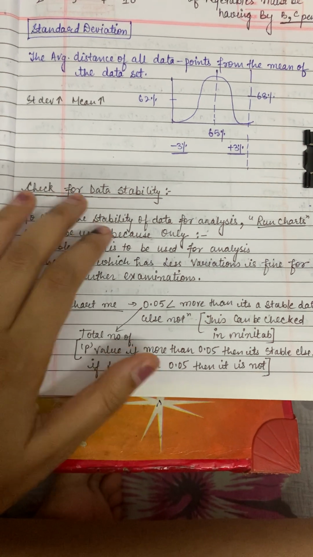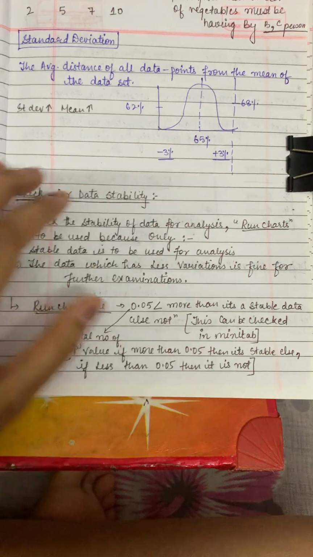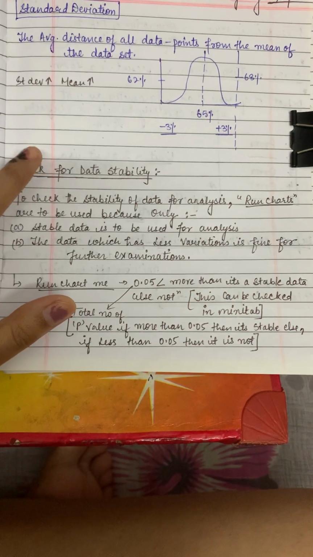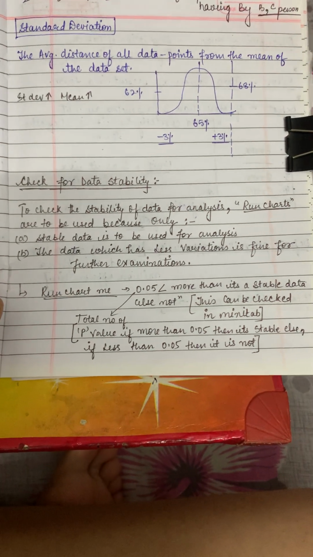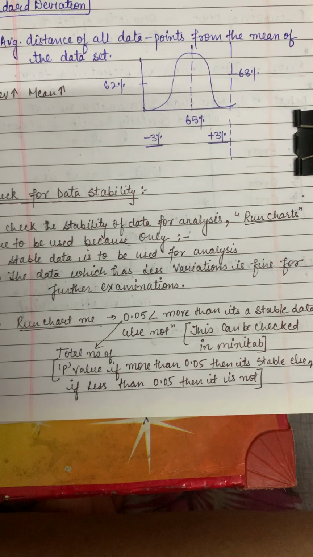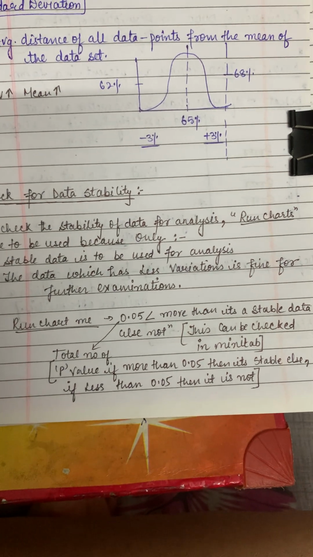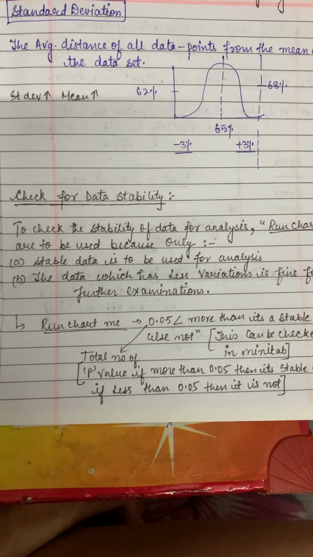Another point is to check for data stability. If we are checking data stability, we need to see how it needs to be checked. There must be some methodologies to be taken care of.